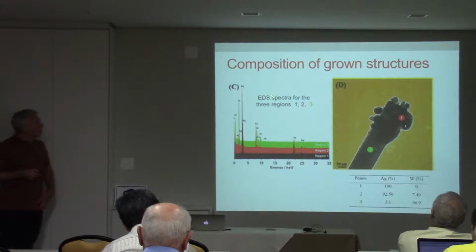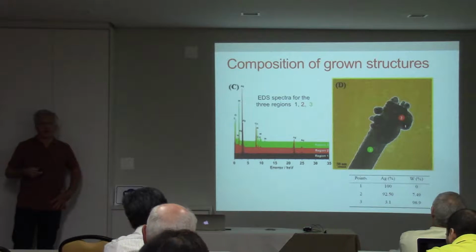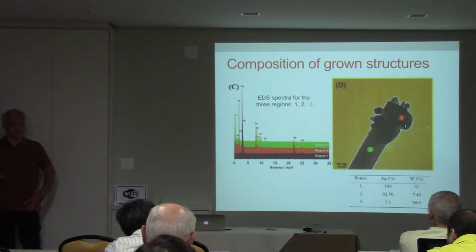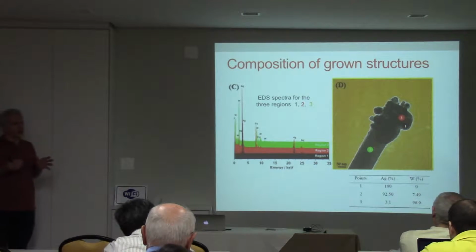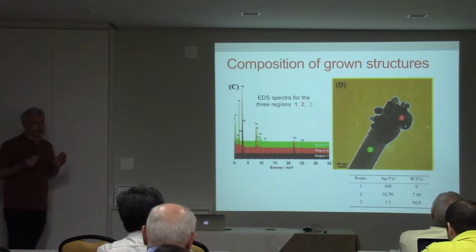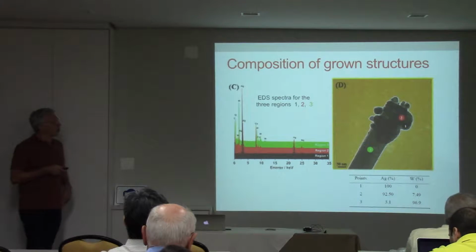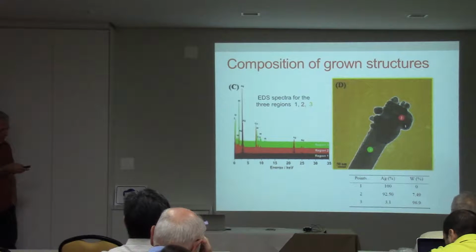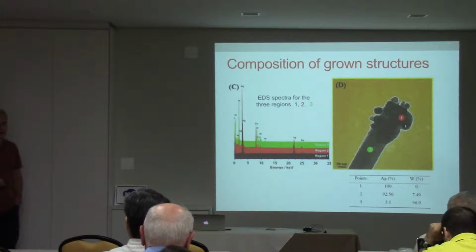When we analyze the composition, we find that it is mainly made of metallic silver. So when we just observe, we are irradiating electrons on the sample, and this originates a process in which metallic silver is grown.